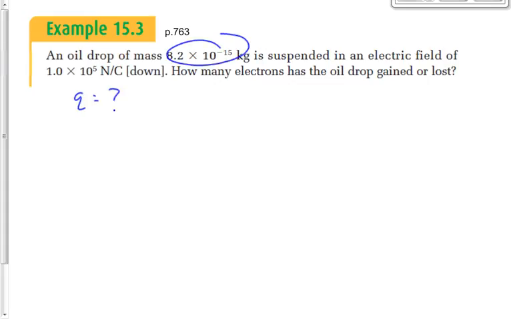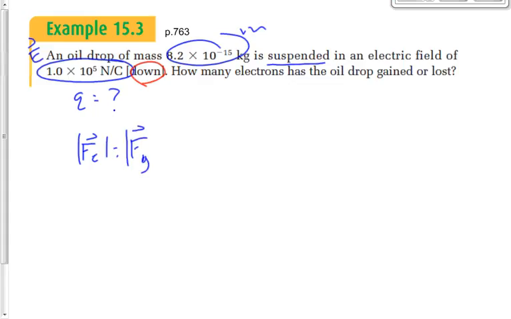Here's the mass. It's suspended. That's good. Here's the electric field. I'm going to circle this in red, actually, because the direction of that is important. You'll see why in a minute here. We know that when it's suspended, we're going to set Fe equal to Fg. Almost said Fe equals Fm. Okay, just caught myself at the last second there. That would have been the velocity selection chamber of the cathode ray tube. It's not what we do here.